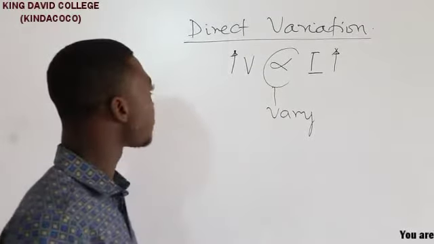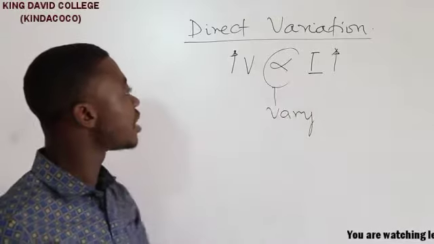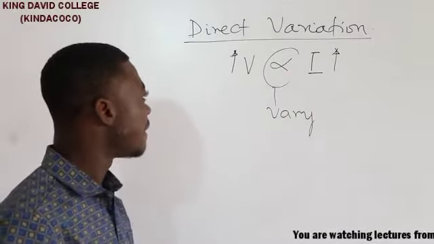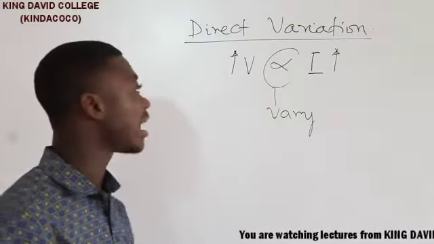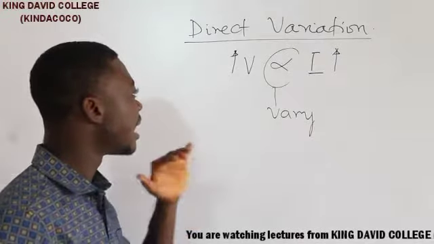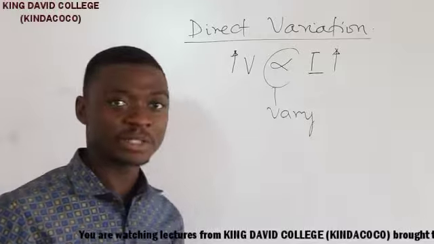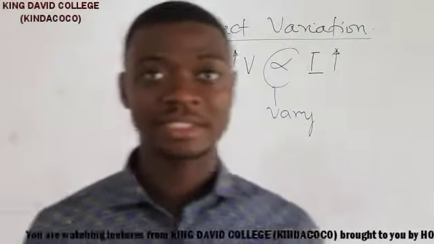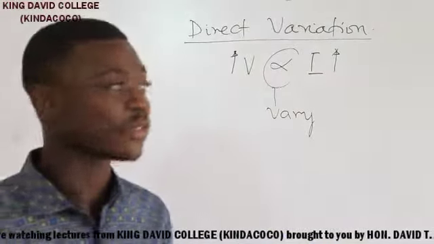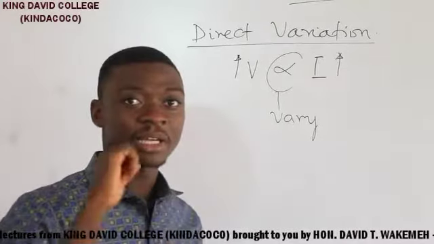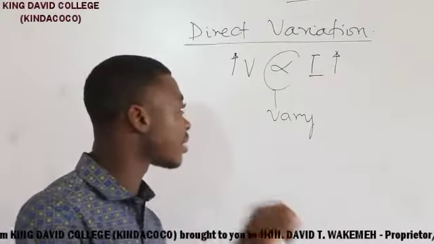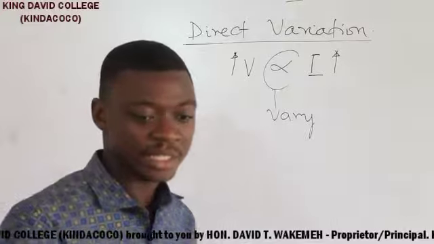Before you change the vary symbol, we have to introduce an equation involving an equal sign and then a constant. We call it the constant of proportionality. So we introduce an equal sign and then a constant.